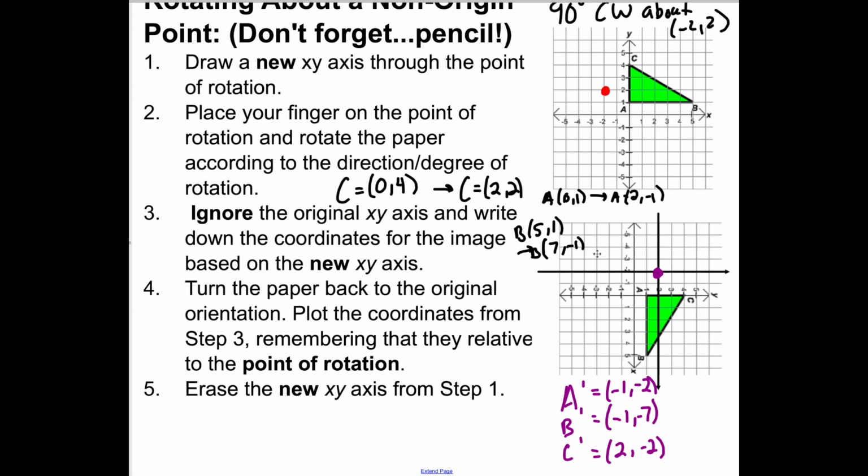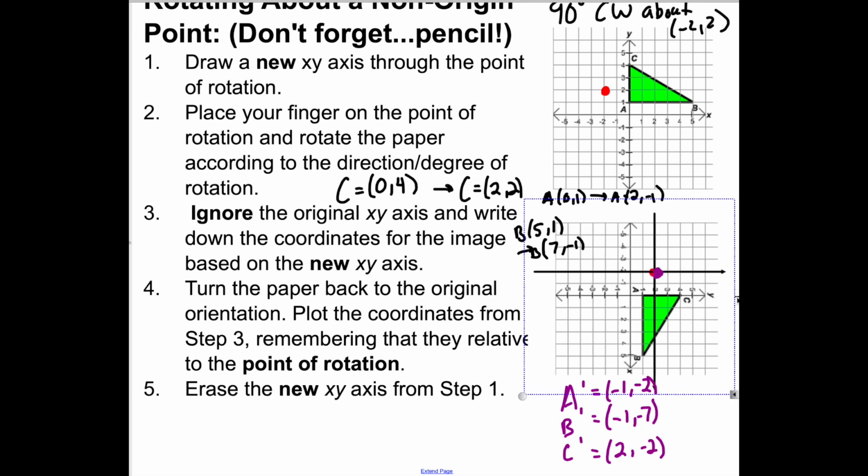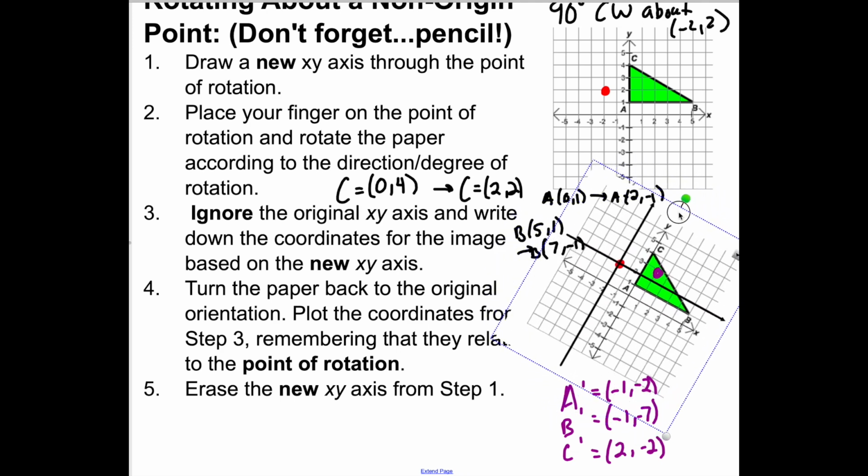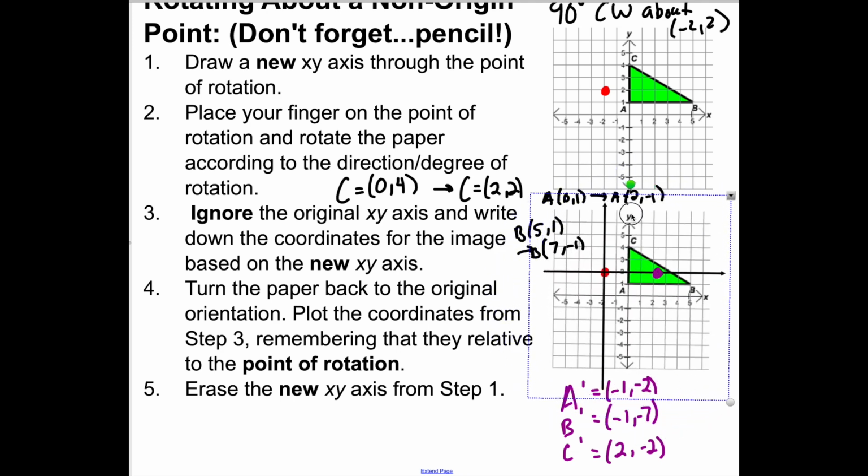We're ignoring the original x and y. We're pretending like it's not even there, and we're rewriting the points relative to that central point of rotation. And now I'm going to turn back, erase this little purple point here, and replot the new shape again with all of the points relative to that point of rotation.